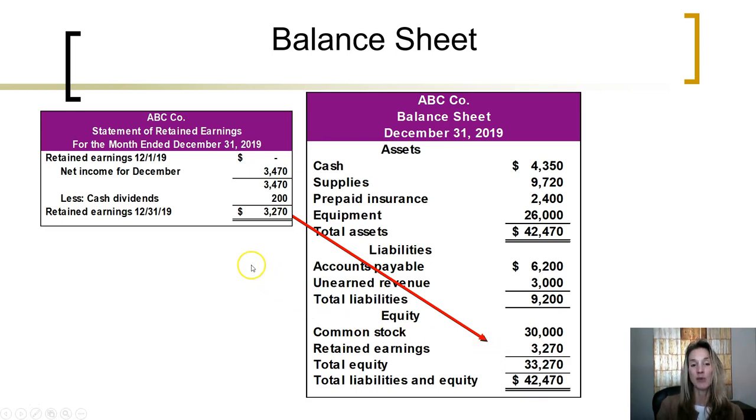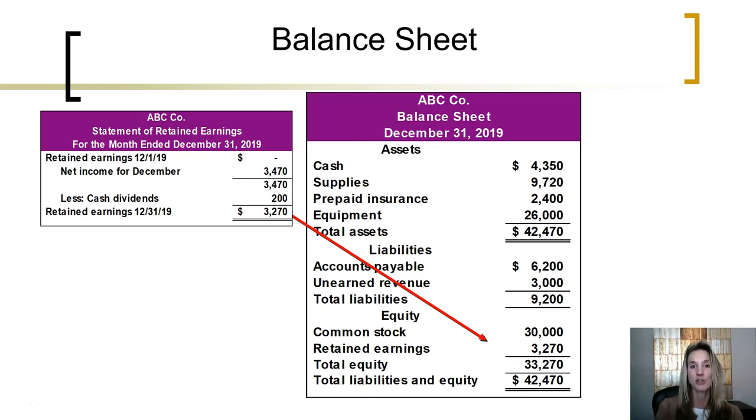We have already summarized the change in retained earnings to get the ending retained earning balance on the statement of retained earnings. So we will use the ending balance from the statement of retained earnings to prepare the equity section of the balance sheet. Total assets of $42,470 equal total liabilities and equity of $42,470, indicating that our accounting equation is in balance.